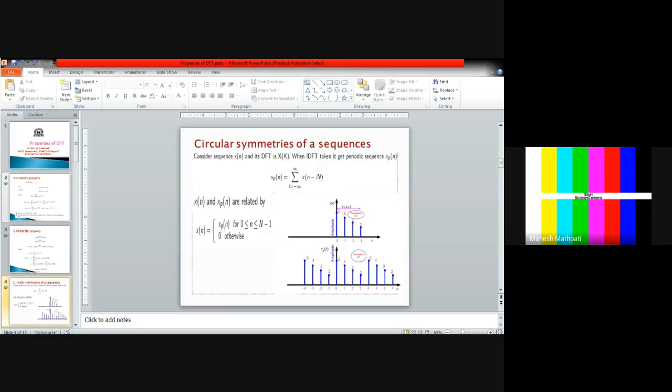Then we represent it as x dash p of n. So x dash p of n equals xp of n minus k, and our whole formula changes to the sum over L from minus infinity to infinity of x of n minus k minus ln.